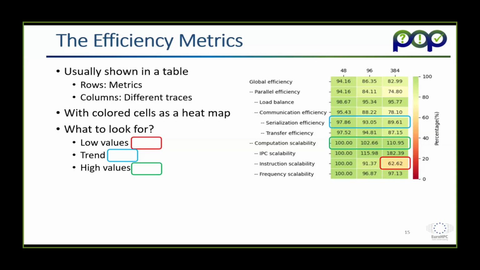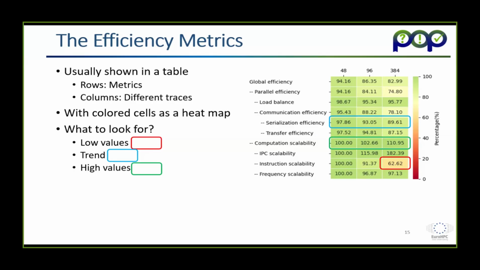And at the end, the global efficiency is not as bad as the parallel efficiency because it's being compensated by the computational scalability. So high values are hiding something. And usually when you have values that go up, they won't go up forever, as opposed to the ones that are going down, that they can go down forever.